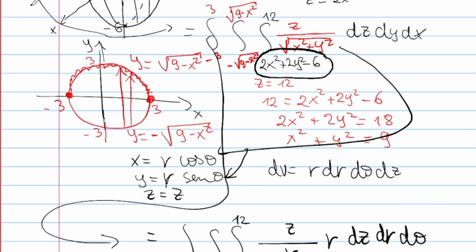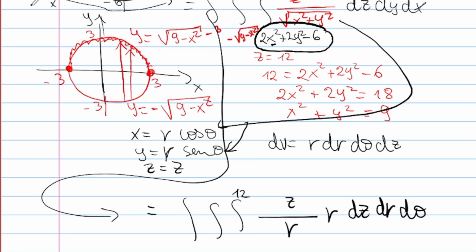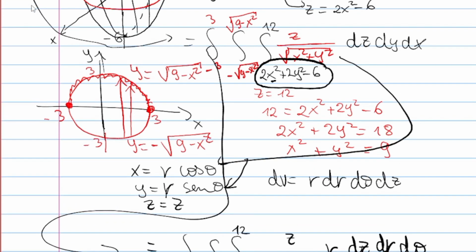We need to replace x by r cosine of theta. If you replace, you get 2r squared minus 6, minus 6, okay.